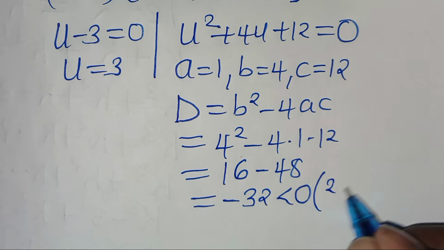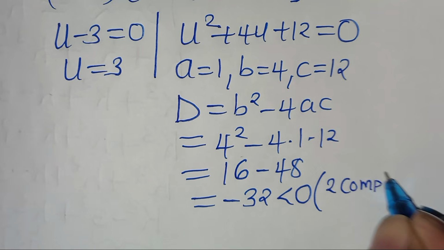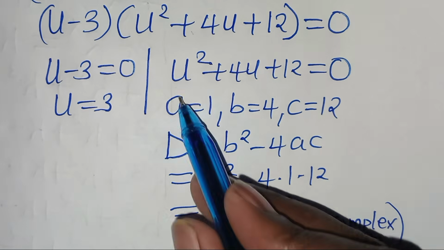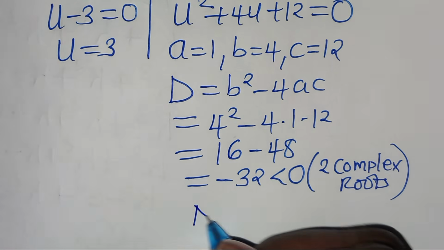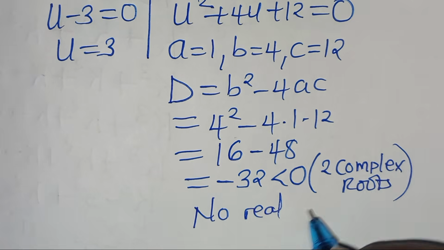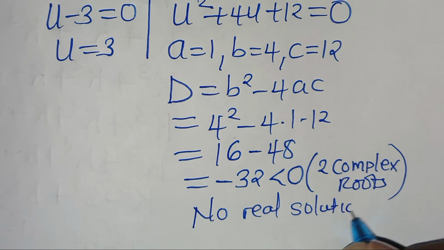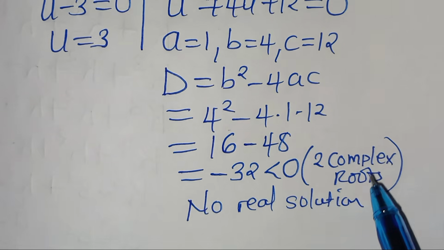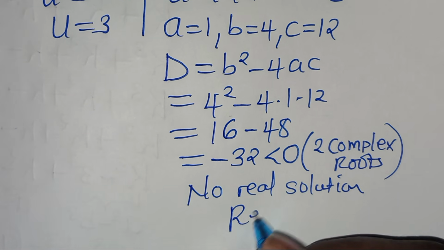So this implies that we have two complex roots for this quadratic equation. This means there is no real solution that can be obtained from it. So this quadratic equation is rejected.